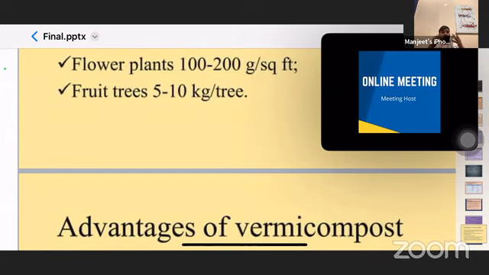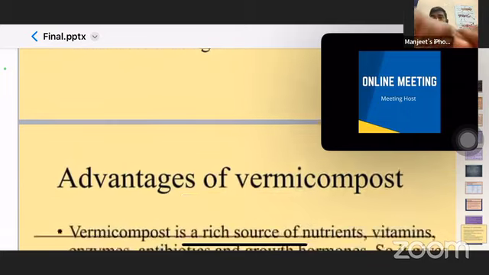Vermicompost harbors certain microorganism populations and helps nitrogen fixation and phosphorus solubilizing. Its application enhances nodulation in legumes and symbiotic systems in the root that is beneficial for crop as well as soil.